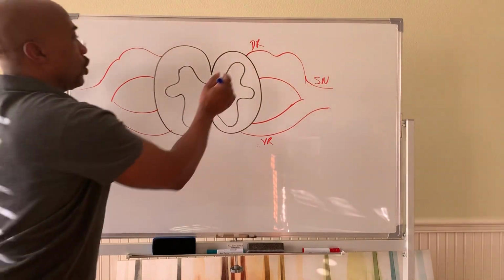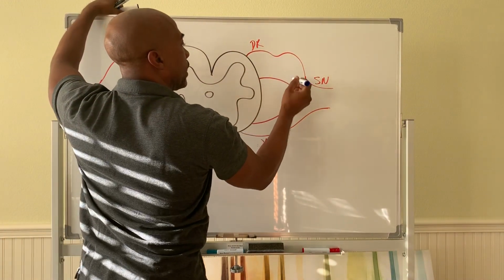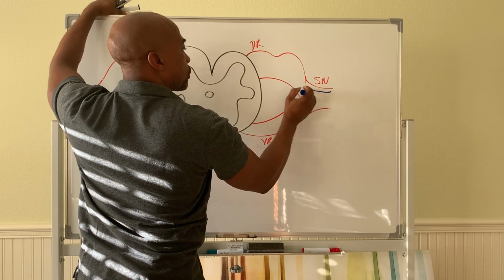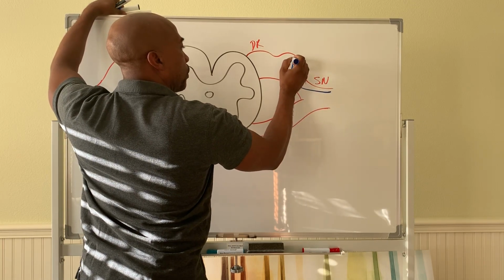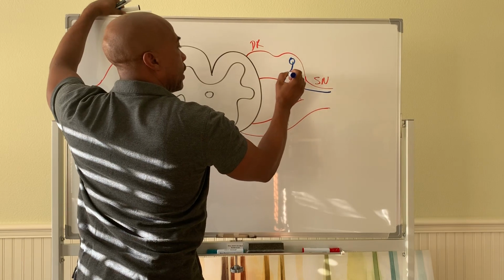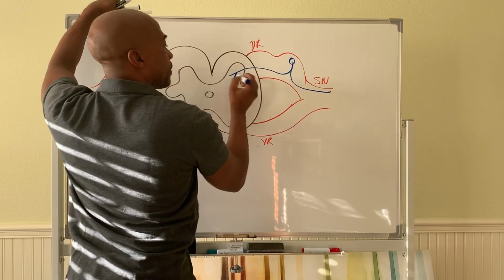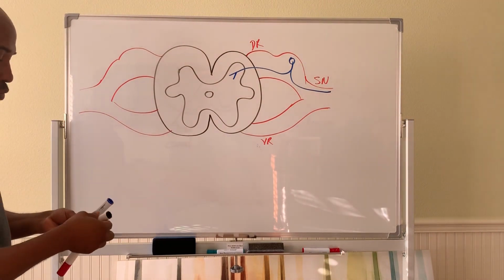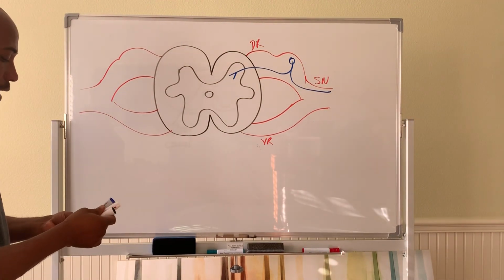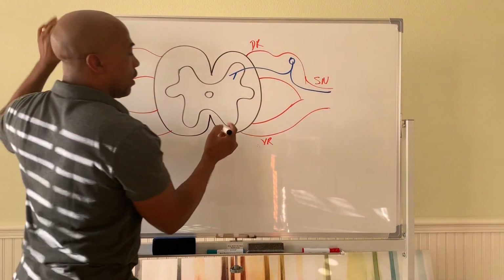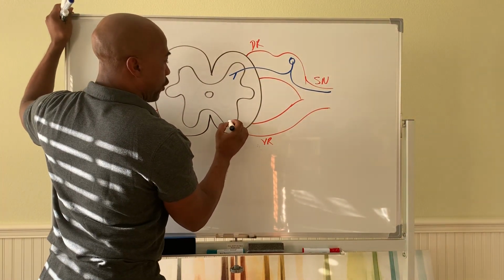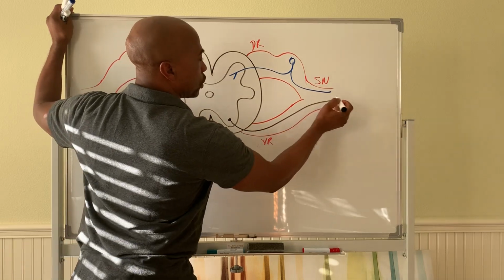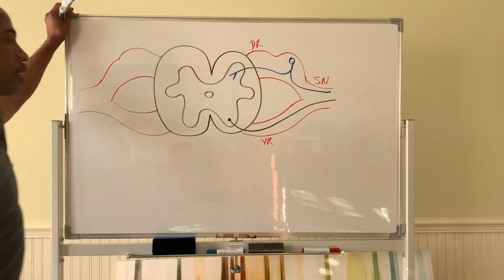Your dorsal horn is the area that receives sensory neurons. These sensory neurons, typically unipolar neurons, come in and terminate there. While your ventral root will carry out motor neurons, efferent neurons, which leave from here and travel out to your muscles.